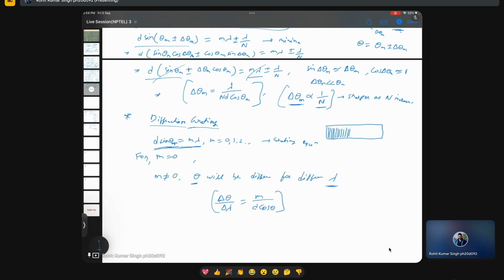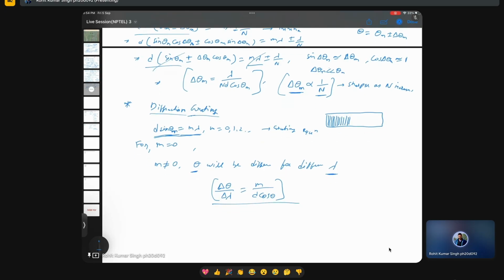We will solve some problems, and that will make clear what I mean by angular dispersion. So just keep this formula in mind. This is called angular dispersion, or relative angular dispersion, because it is with respect to the change in wavelength.